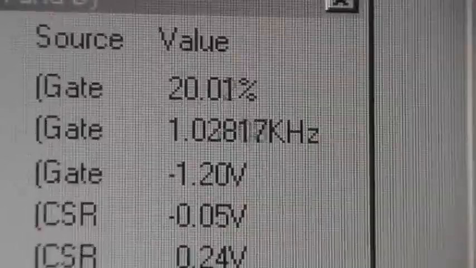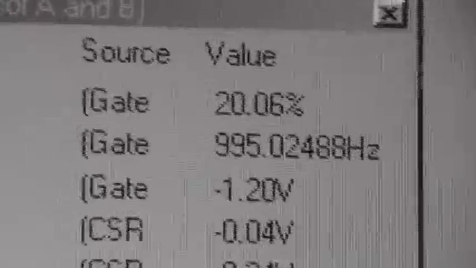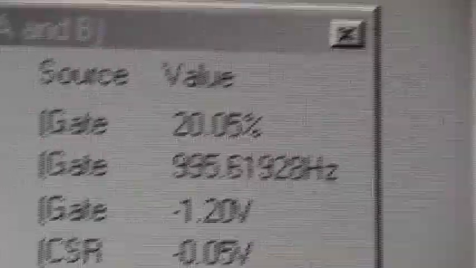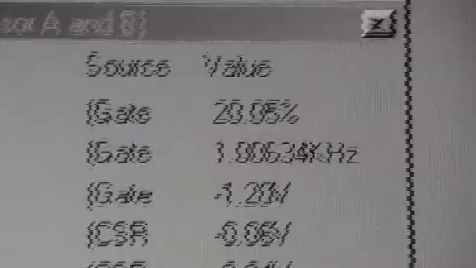It's as close as I can get it with my function generator, which is not digital. Okay, so 1 kilohertz, 20% duty cycle.